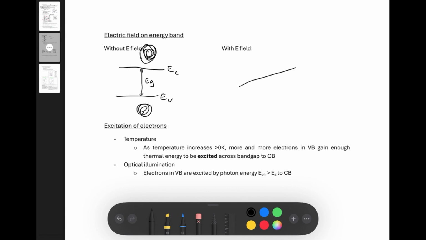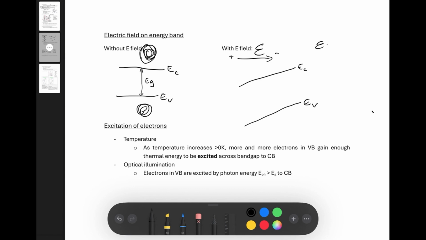With an electric field, the energy band diagram looks like this, and it is actually inclined at a gradient proportional to the electric field. The electric field is towards here. As you can see, the energy band is now inclined at a gradient.